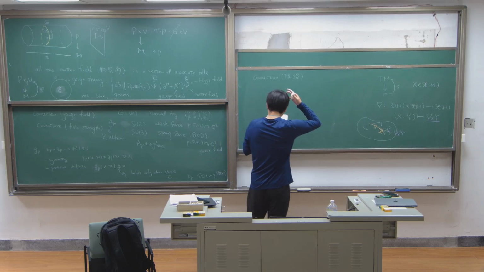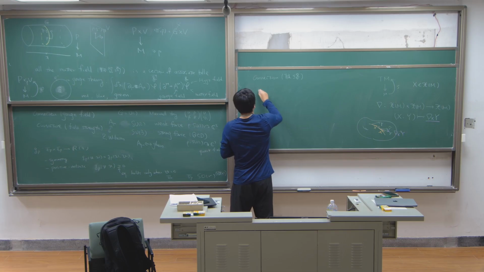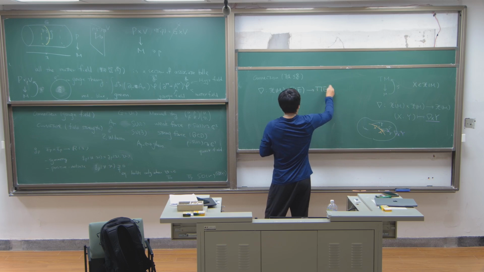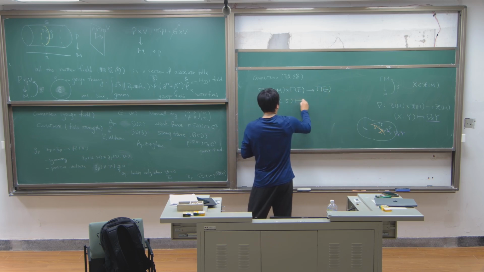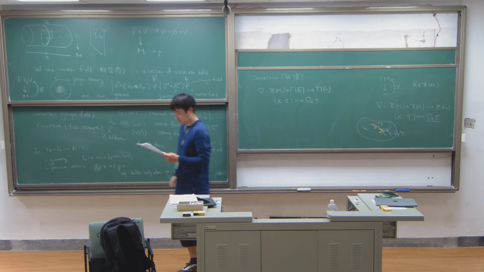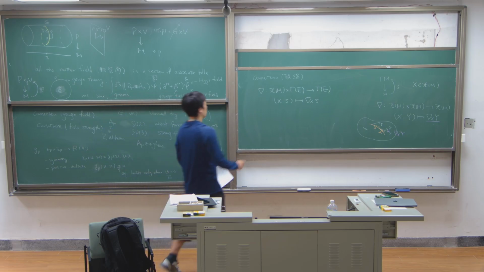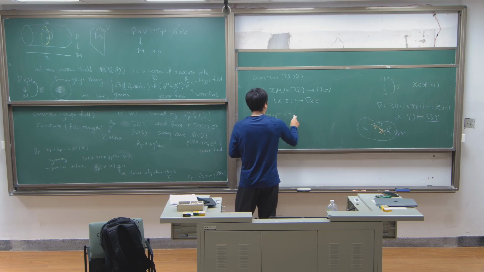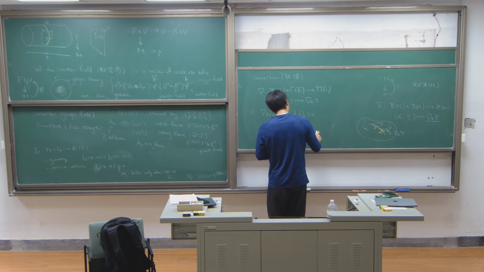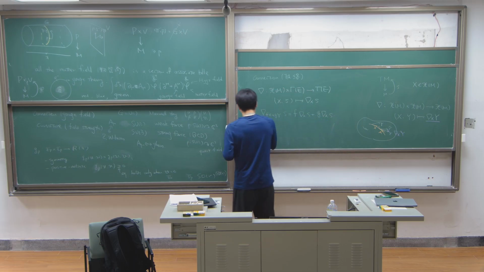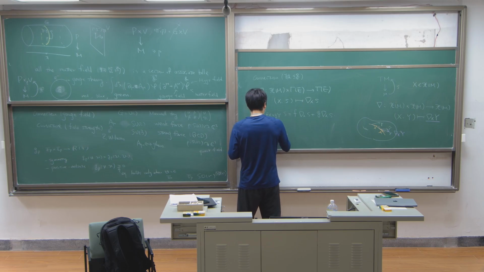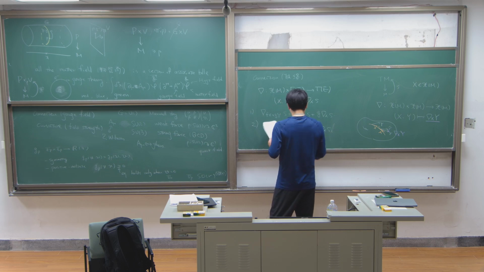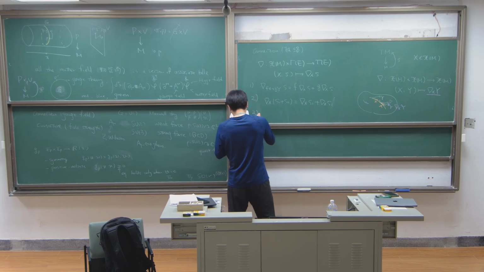A connection on a vector bundle is defined if it satisfies the following conditions. And the Leibniz rule.